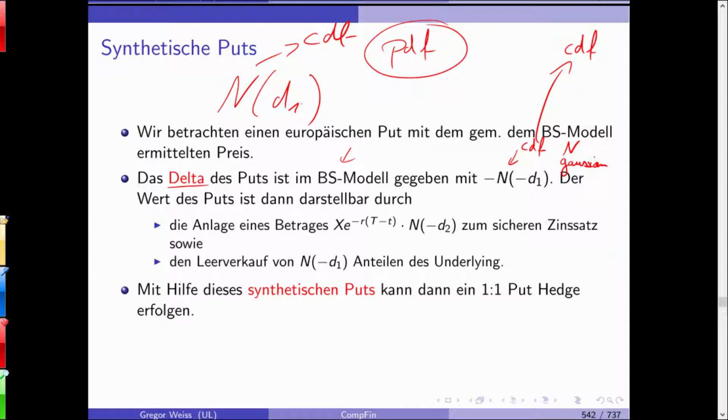These two numbers, for example N of minus D1, will never be an integer, a Ganzzahl. So you will never see that you have to buy 5 or 6 stocks, but it will tell you you have to buy 5.67 underlyings, and this is not possible. So the hedge with such a synthetic put will never be perfect.